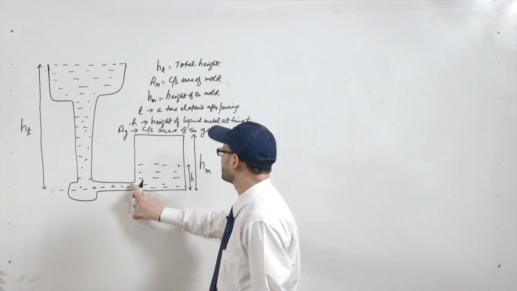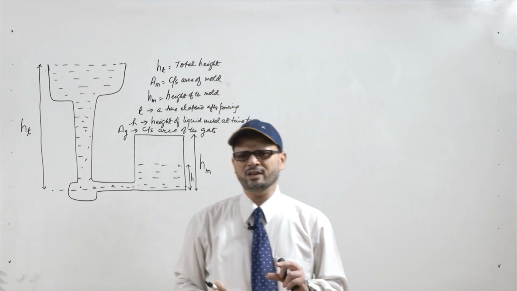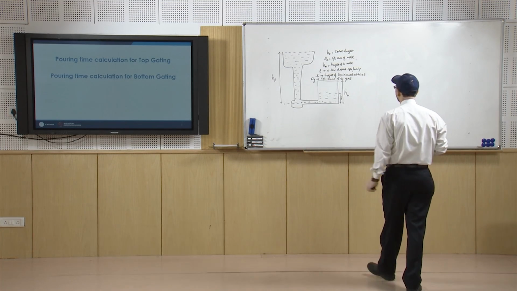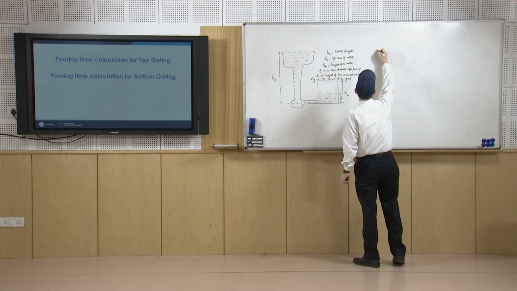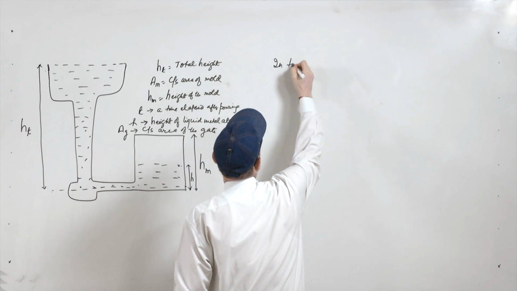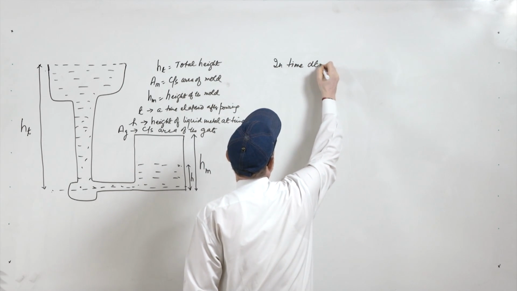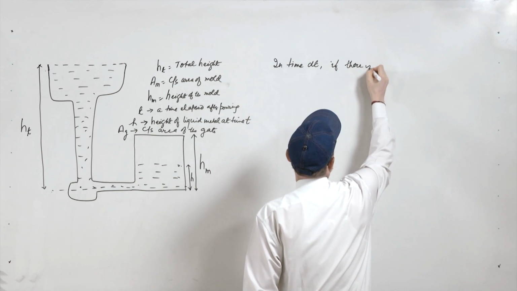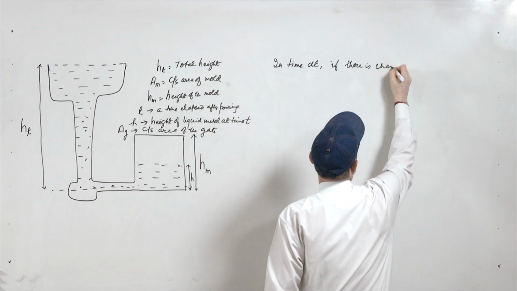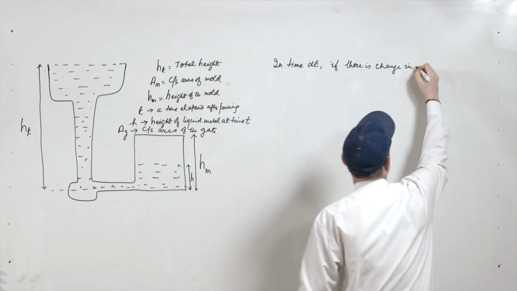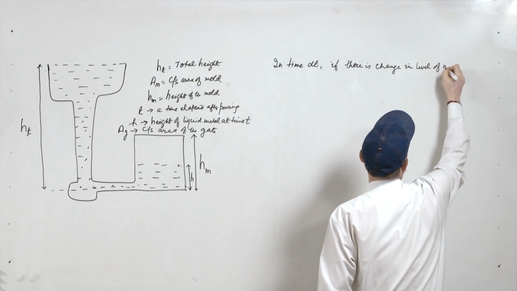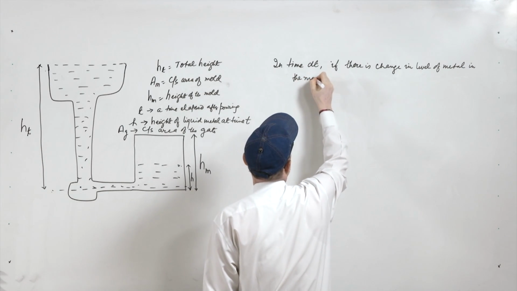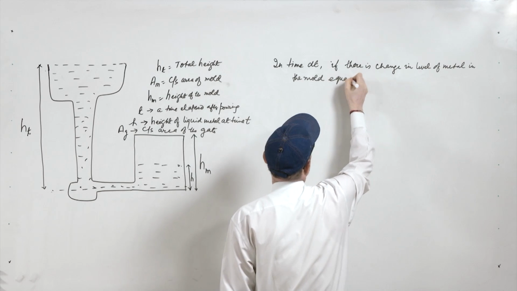So, the area of cross section at this point of the gate from where the metal enters into the cavity is taken as Ag. Now, what happens is that in time dt, if there is a change in the level of metal in the mold equal to dh.